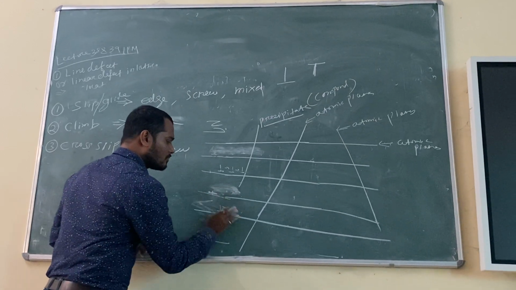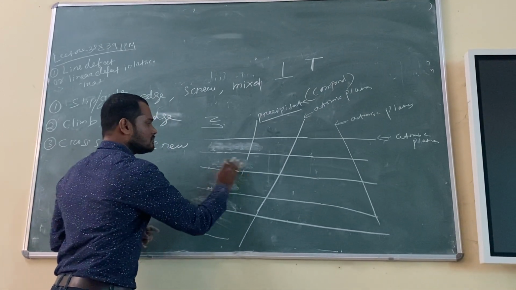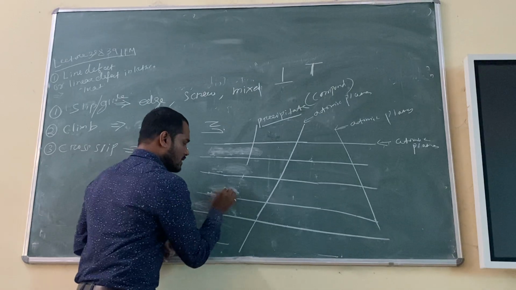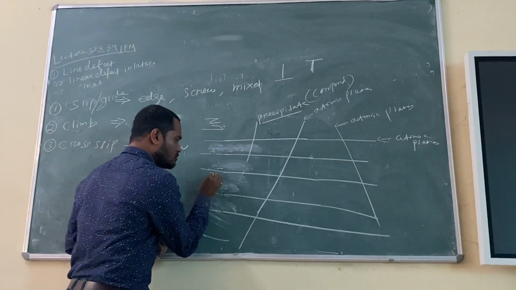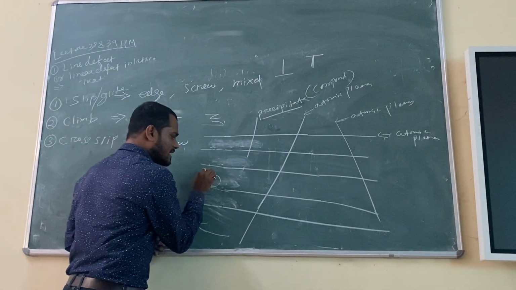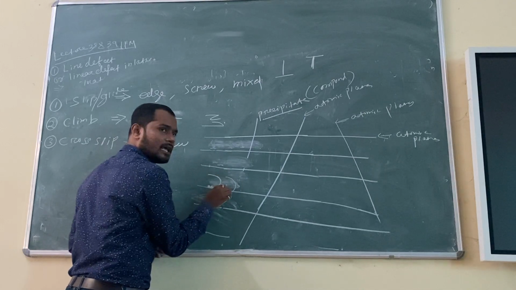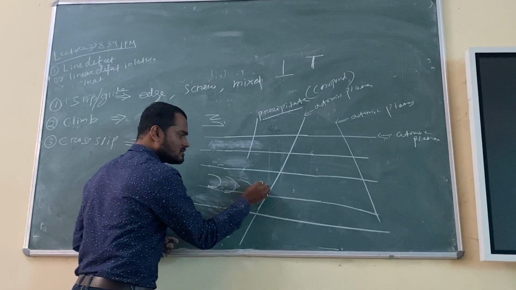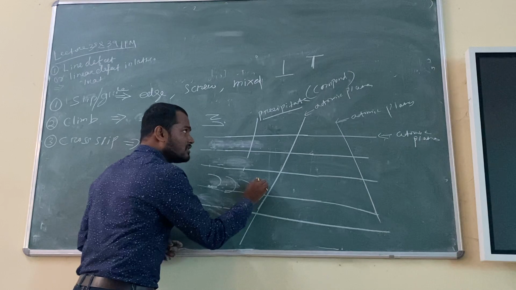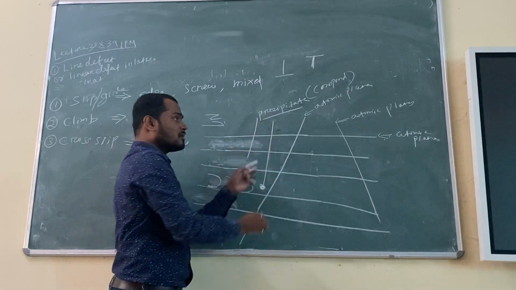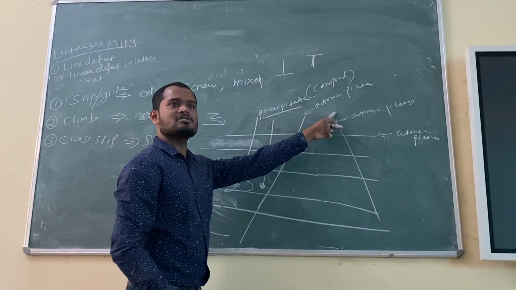Suppose a screw is moving. I am not exactly drawing the diagram. So suppose the screw is moving like this, but it interacts with a precipitate or a compound which is harder.